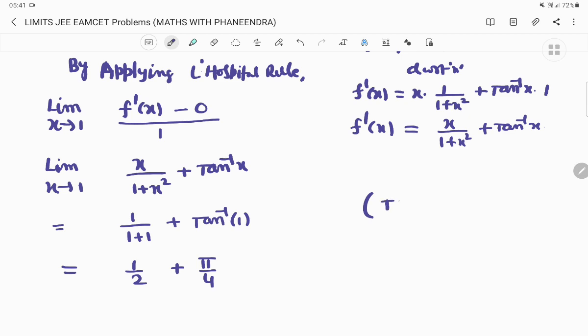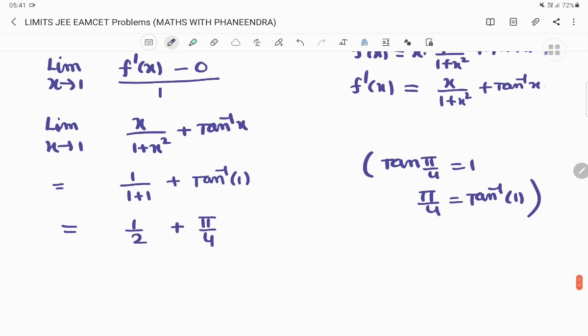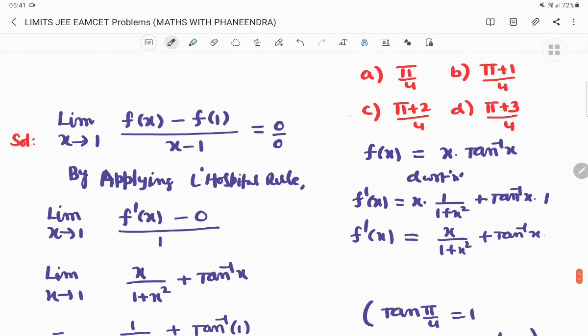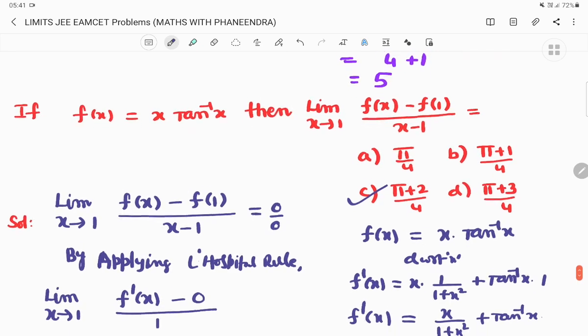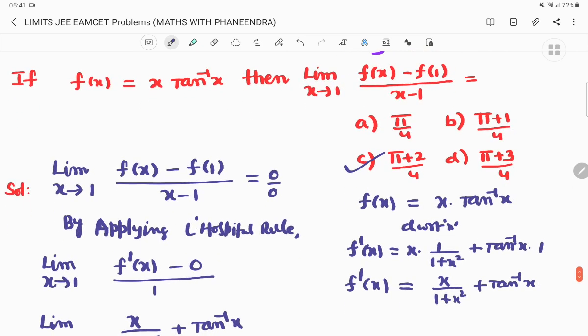Tan pi by 4 is equal to 1, so pi by 4 is tan inverse of 1. Take LCM. So pi plus 2 by 4, that is according to the options, which is there in the third option. I hope everyone understand, dear students.